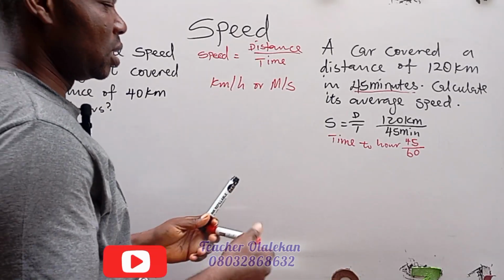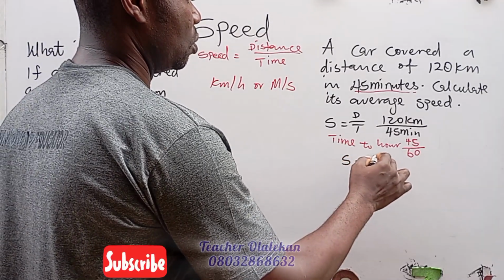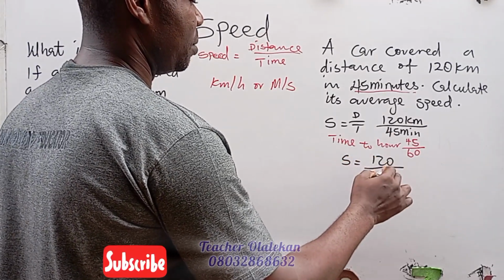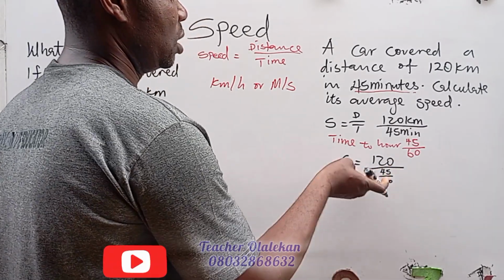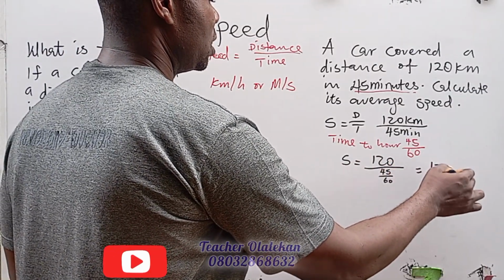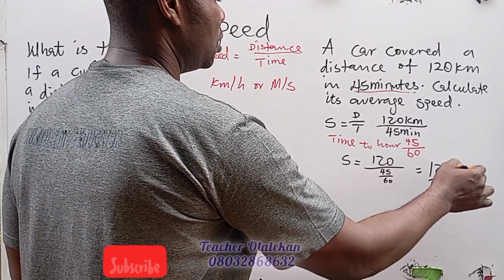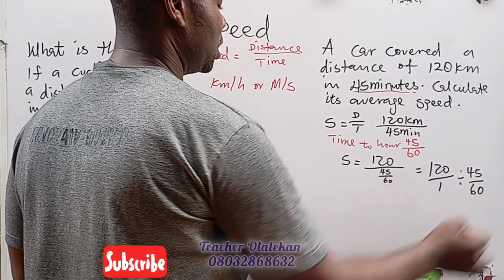Now let's do the division. So our speed is now equal to 120 divided by 45 over 60. This division may be written as 120 over a denominator of 1, divided by 45 over 60.